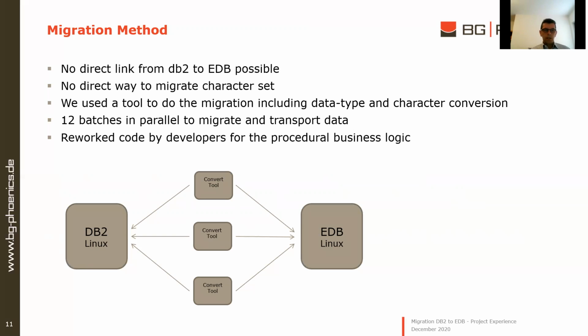We use a tool for the migration, and the tool is doing the data type and the character conversion. We also analyzed with our development whether we should build the migrator ourselves or use a tool, and we found a small tool that is able to do what we need.